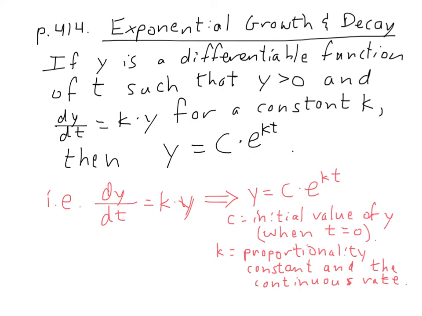Or in other words, in shorthand, if you want to write it this way, dy/dt equal to k times y implies that you must have y equal to c times e to the kt.